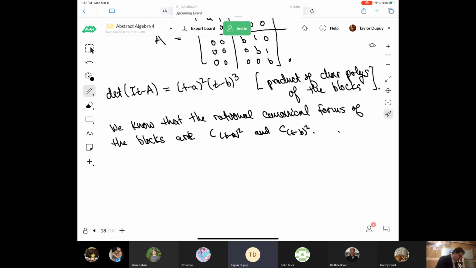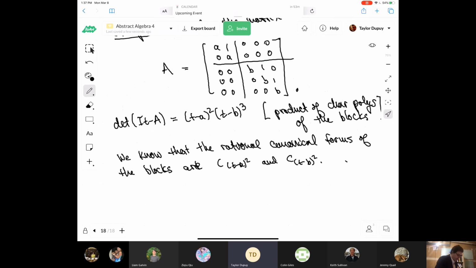Okay, this isn't quite in rational canonical form though, right? Because you have this divisibility condition. You need one invariant factor to divide the other invariant factor.